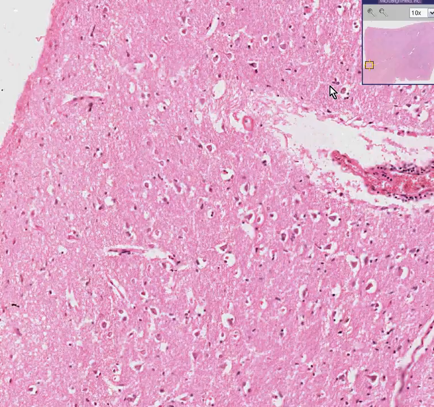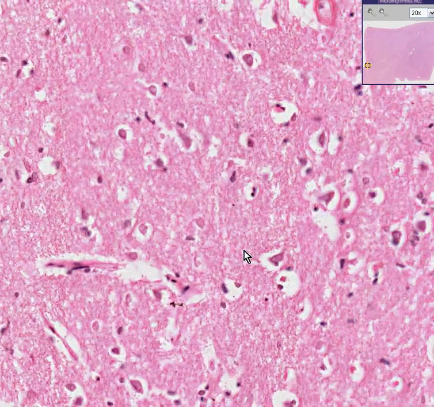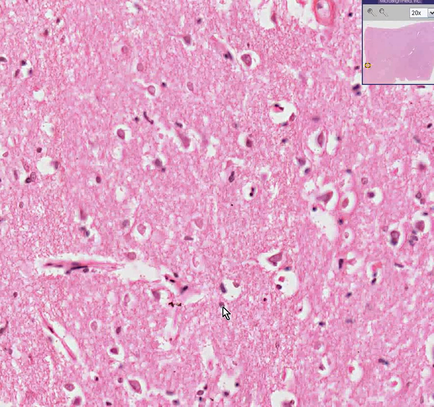Here are a variety of both glial cells, which are most of the small nucleated cells here, like here, probably here, as well as the larger neurons, like you see here, and here.